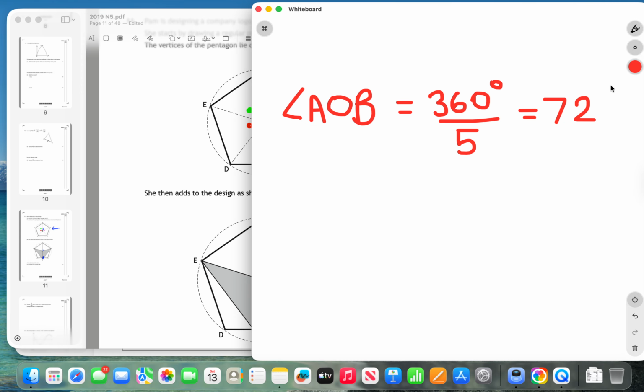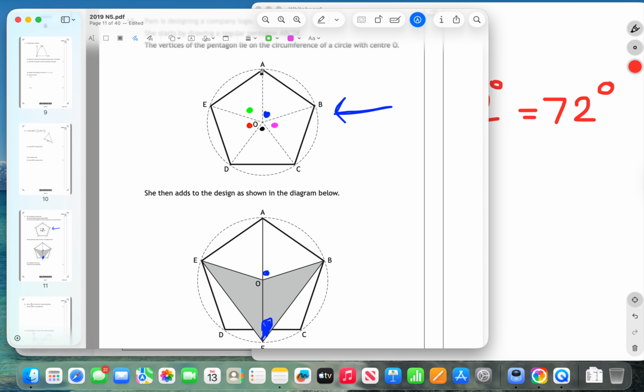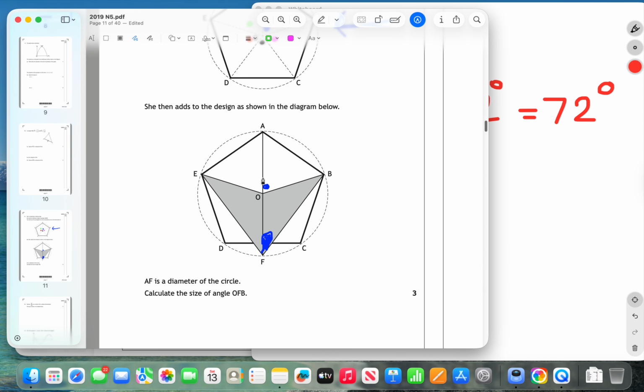That's 72 degrees for that first angle. So AOB is 72, and I will mark this one on.